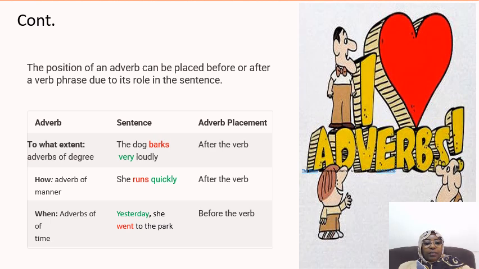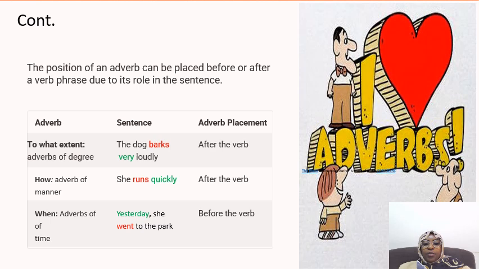Well, as we know, the position of an adverb can be before or after a verb phrase due to its role in the sentence. So let's continue with our examples to fix the information. Well, we have the adverb of degree, which means to what extent. Look at the example.